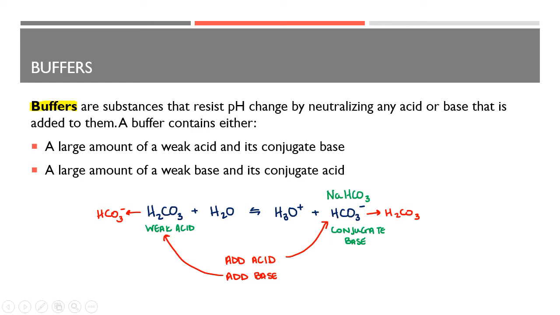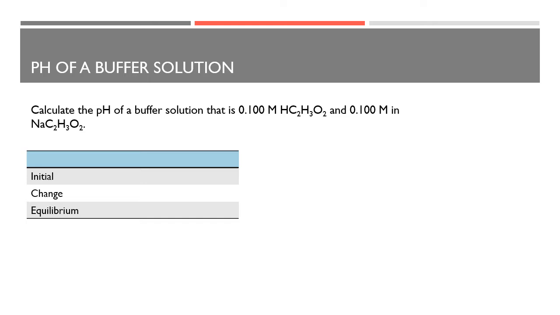So if we add acid, it gets neutralized by the conjugate base, and if we add base, it gets neutralized by the weak acid. That's how the pH is able to stay so stable, because there are just neutralization reactions happening when you add acid or base to this system. So this is what a buffer system looks like.